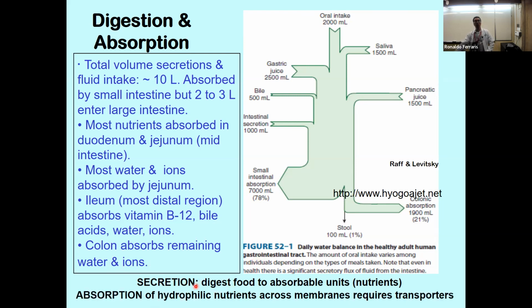So the task of all of those secretory organs is to digest food to absorbable units. Now, the task of the second half of the GI system is to absorb hydrophilic nutrients across membranes. Okay, so what is the biophysical problem of a hydrophilic nutrient in being absorbed?